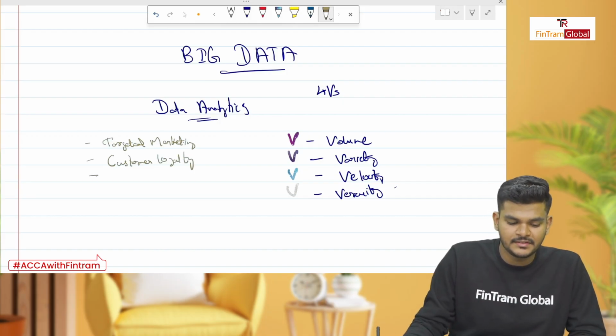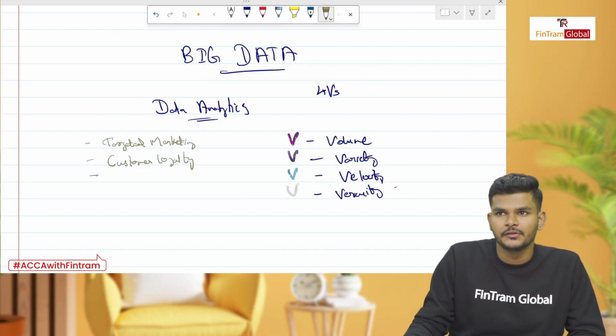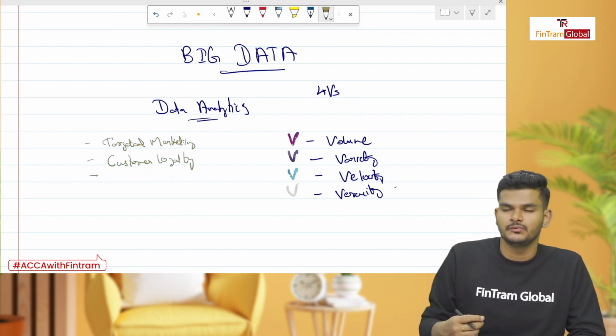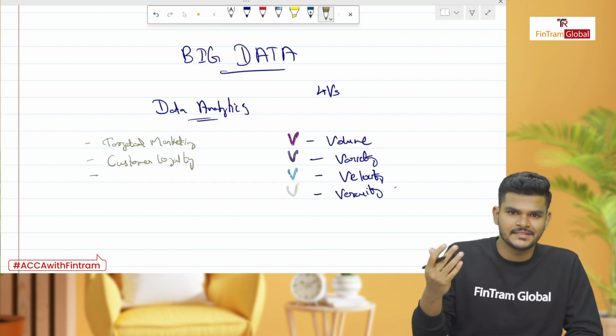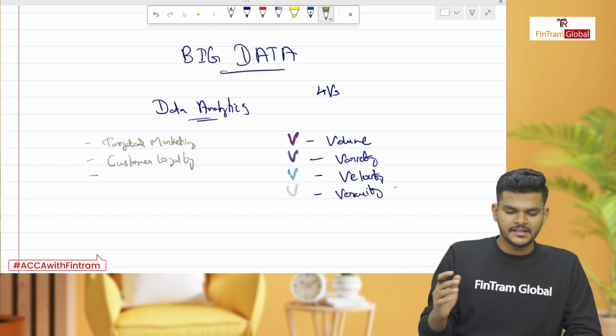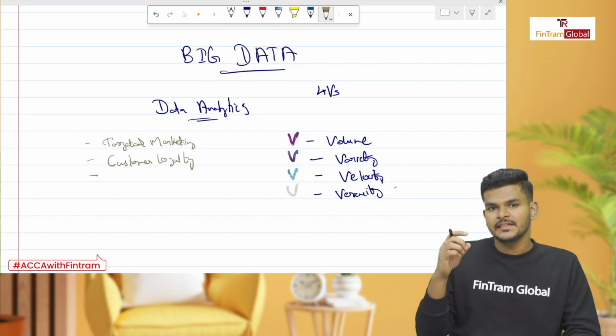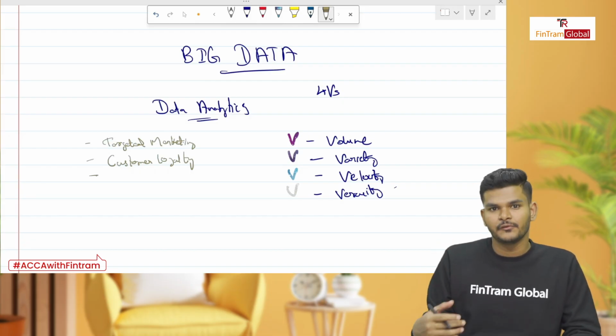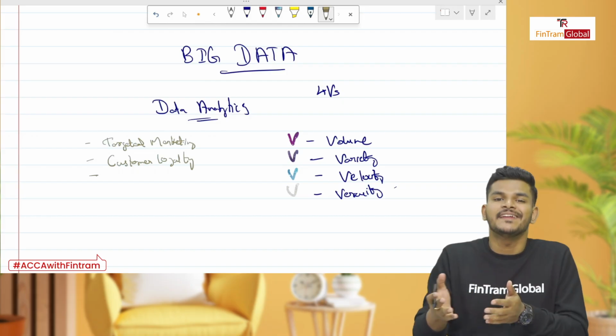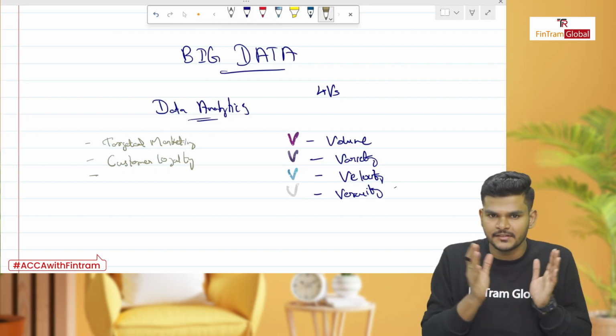Like in modern businesses, they keep personal information of customers for marketing purposes, to inform them of discounts, season sales and everything, right? By providing those kinds of things, we are providing our customers with customized services, right? So that's one way of retaining customers. So customer loyalty can be increased overall.